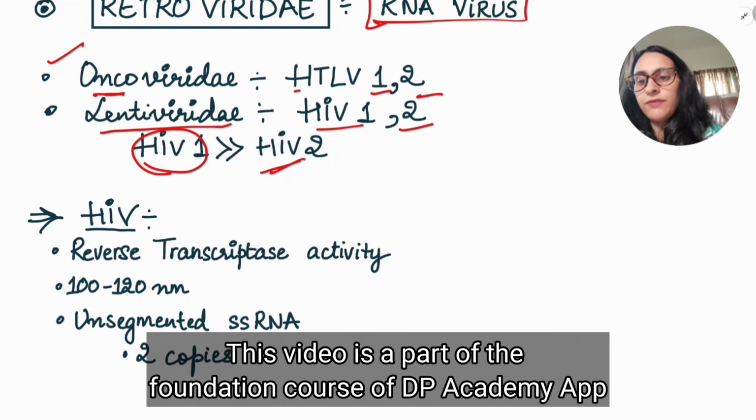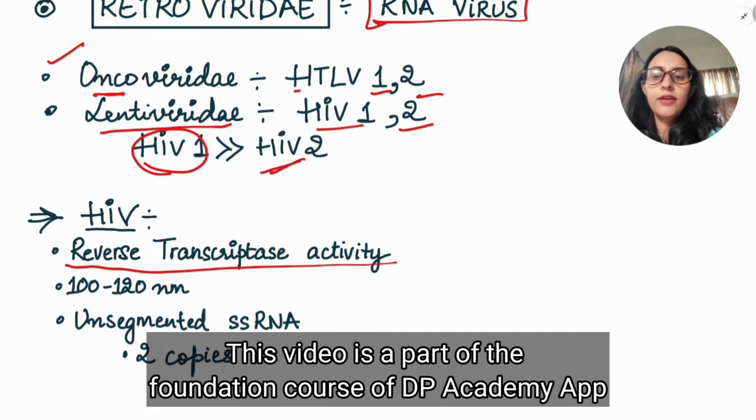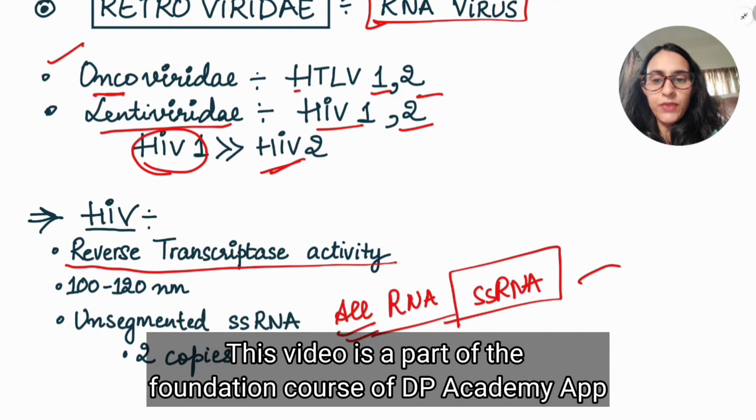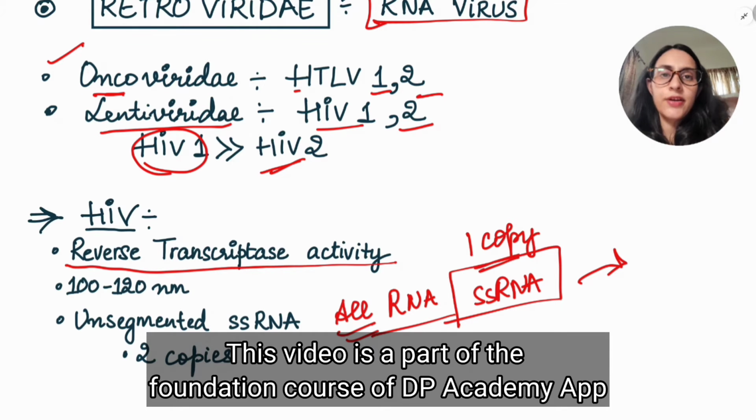Now coming to HIV, HIV has got reverse transcriptase activity. Remember, first of all, the RNA viruses are single-stranded RNA. This RNA is unsegmented, and we have one copy of this single-stranded, unsegmented RNA.